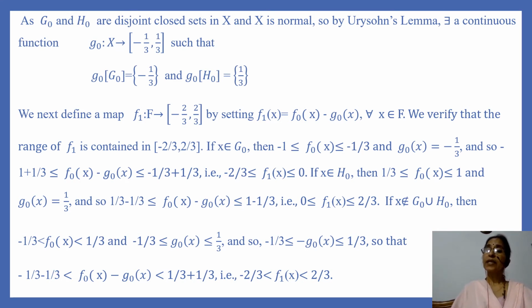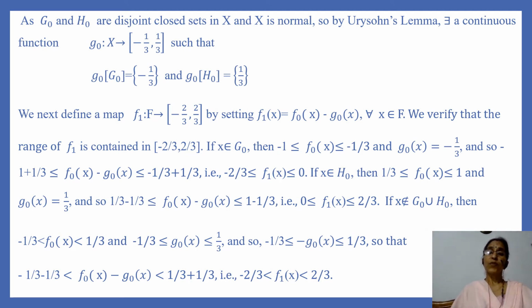And if x doesn't belong to g naught and h naught, then f naught x lies between -1/3 and 1/3, and g naught x lies between -1/3 and 1/3. So that means minus g naught of x lies between -1/3 and 1/3.